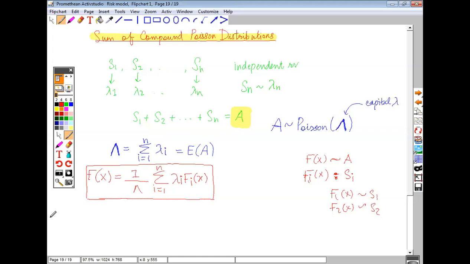Can you guys see what's going on there? So what is lambda i? Anyone? What is my lambda i here?